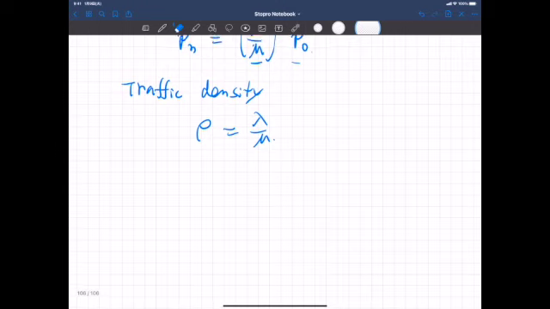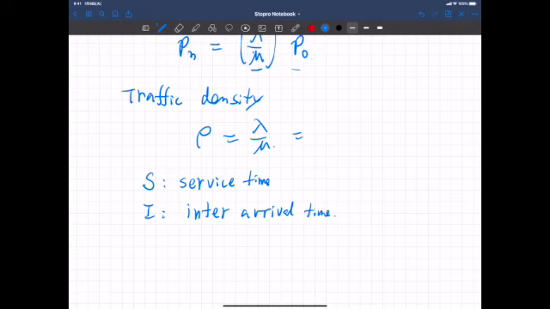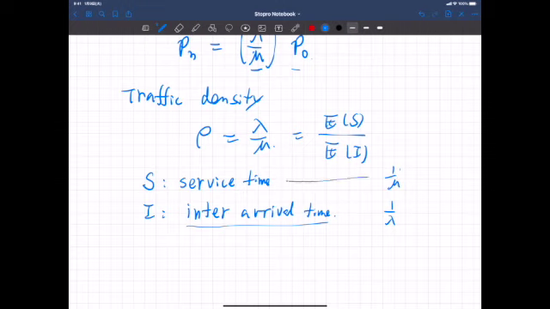Actually, if we define S as the service time and I as the inter-arrival time of new customers, then this traffic density is the expectation value of the service time over the expectation value of the inter-arrival time, because 1 over lambda is the expectation value of the inter-arrival time, and 1 over mu is the expectation value of the service time. So that's what we have in general.